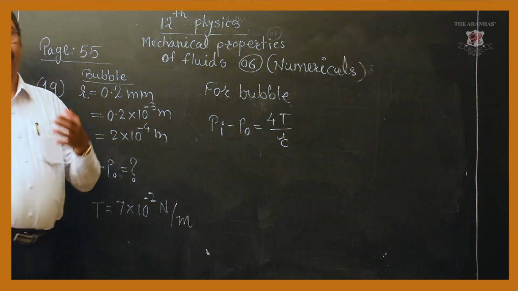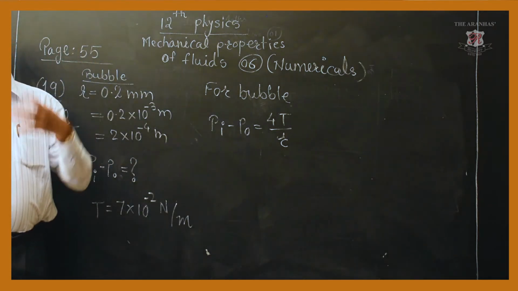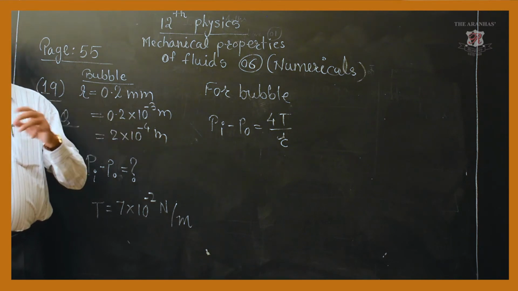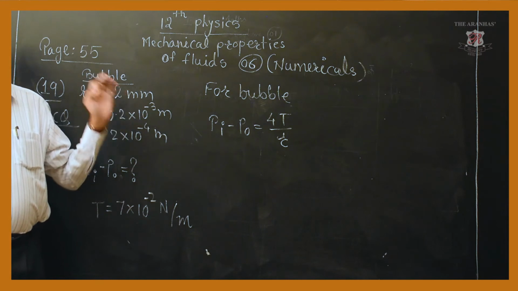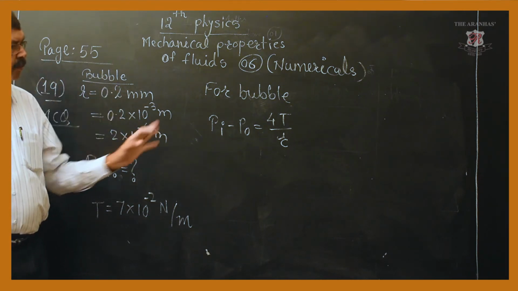In the board exam, out of the multiple choice questions asked in section A, question 1, there are 2 to 3 numericals which are simply based on the formula and the substitution. Calculations are also very simple.